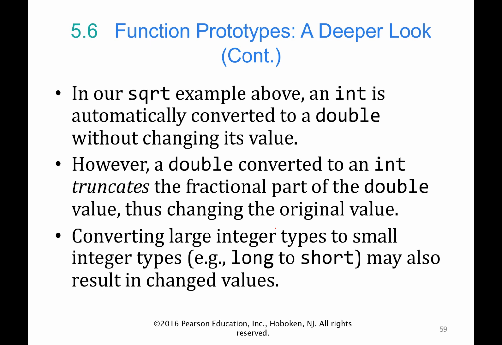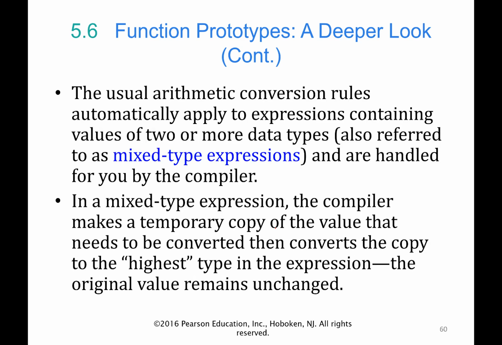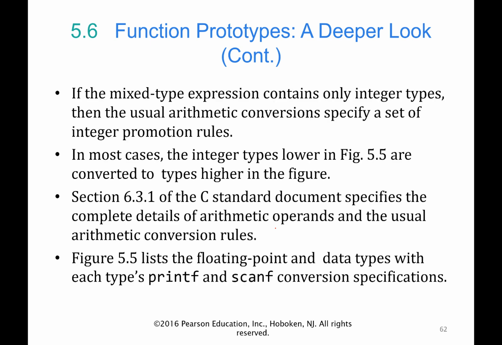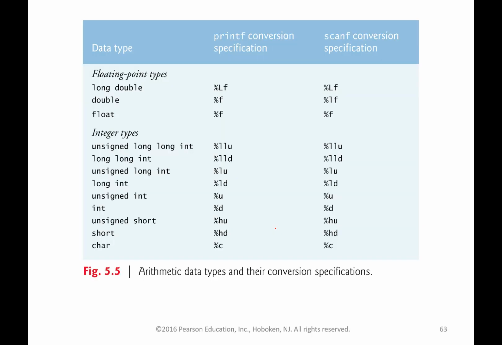If you're sending something to a function that's a different type, the compiler will try to convert it to the new type. These are all of the various types that we've got.